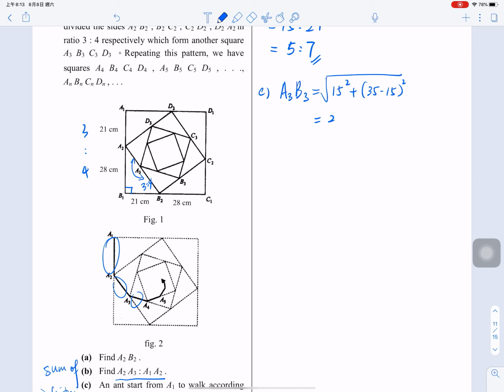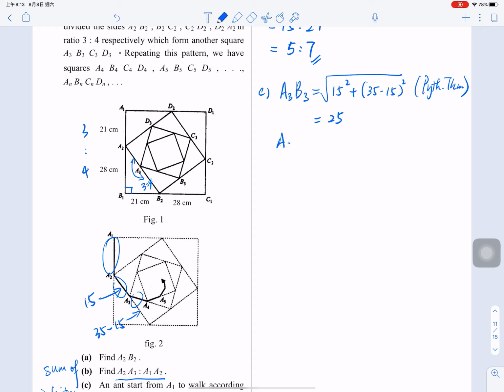So at the end this one is 25 because just now this one is 15, right? And in total 35, so 35 minus 15, so 20, right? Again, Pythagoras theorem, we can find the length of A3, B3.